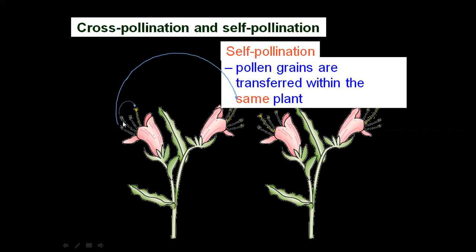You can see here, from this anther, the pollen grain is transferring to the stigma of the same flower. Or self-pollination can happen between two different flowers of the same plant. Here, from this anther, pollen grain is transferring to the stigma of this flower, but still it is in the same plant, so it's called self-pollination.